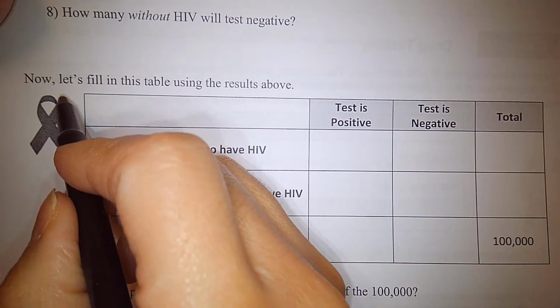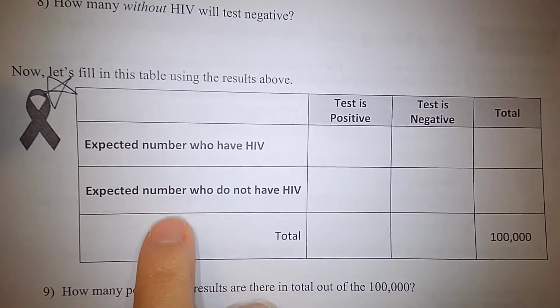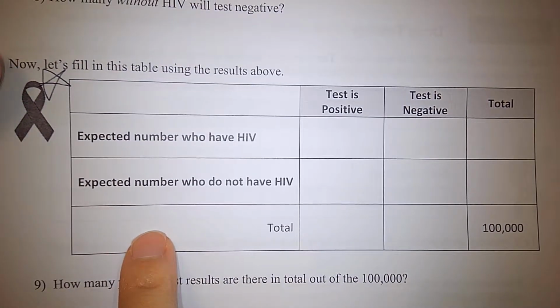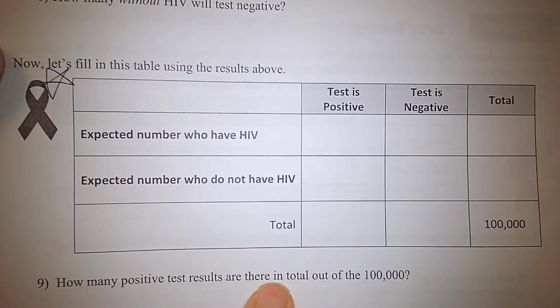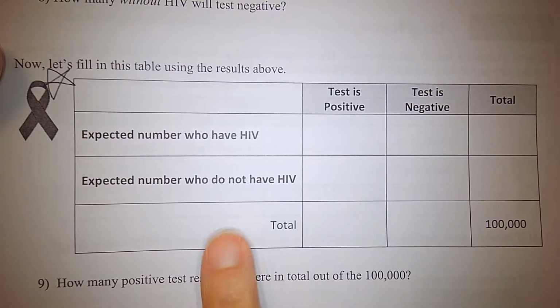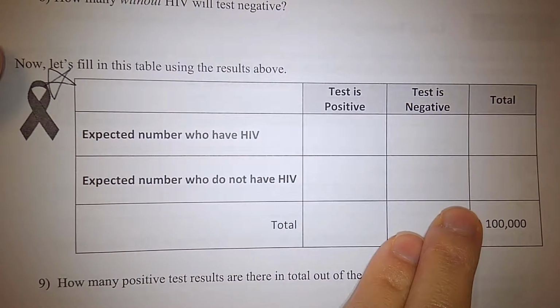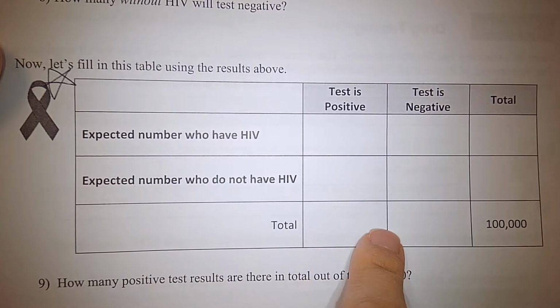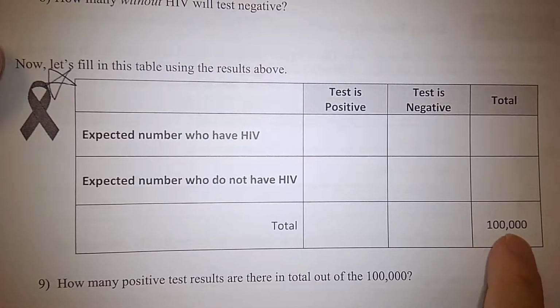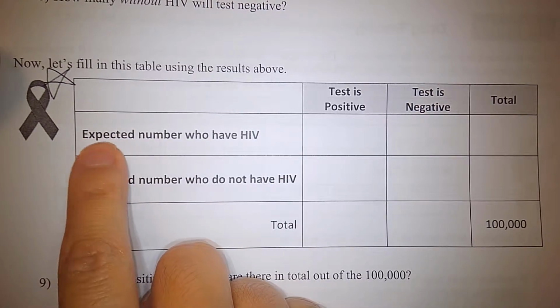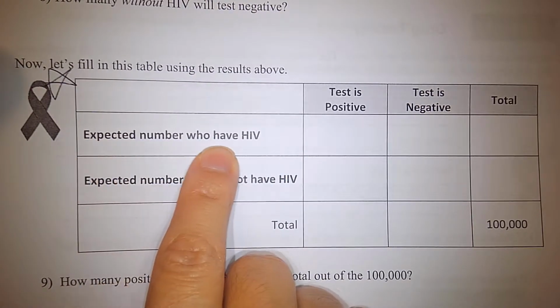All right. So there is a table below. This table is so important. In order to do the homework assignment and your exam questions, you have to know how to fill out the table. So far we haven't done all of the calculations, but we can fill out some blank areas already. Out of the 100,000 people, how many are expected to have HIV?